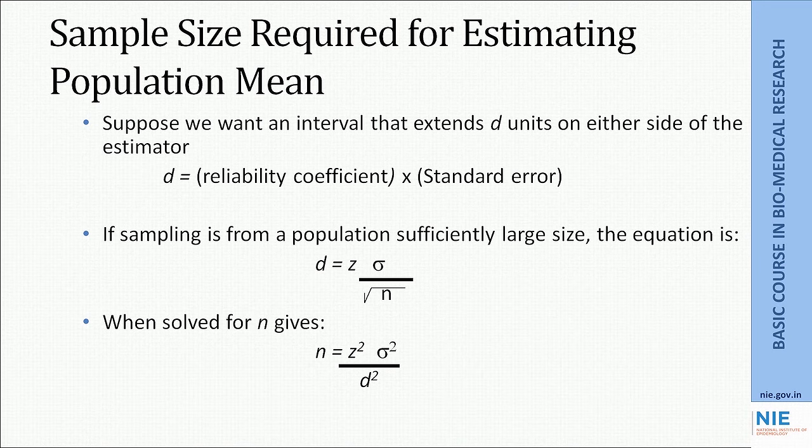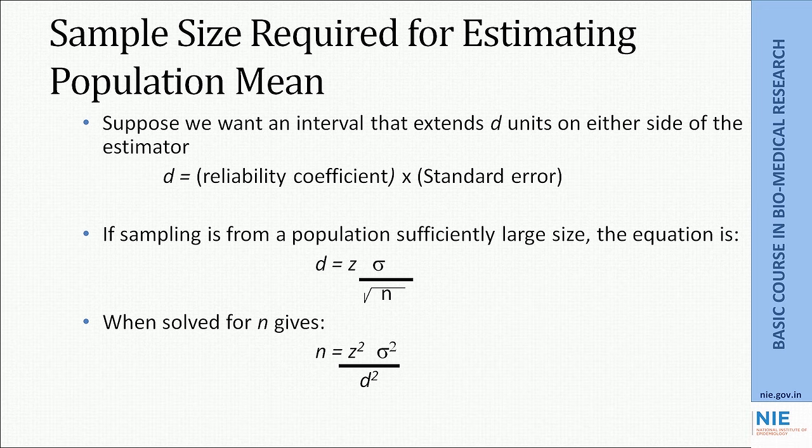Now, let us look into a scenario where you need to compute a sample size and your interest is to estimate the mean of a population. So, you have a sample, you have to compute a sample mean, and you want to estimate the population mean from your sample mean. What should be the sample size that you need?